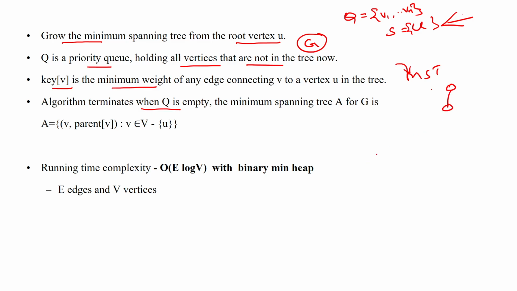Suppose you are selecting the second edge, that edge should be selected from any one of the vertices available in the minimum spanning tree. So the new vertex will be a child of an already existing vertex in the minimum spanning tree, which becomes the parent. The running time complexity for this is order of E log V when you implement it using a binary min heap.